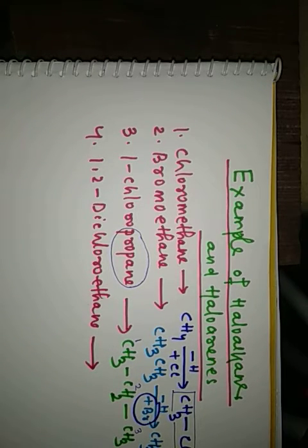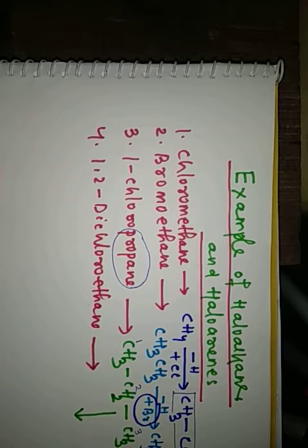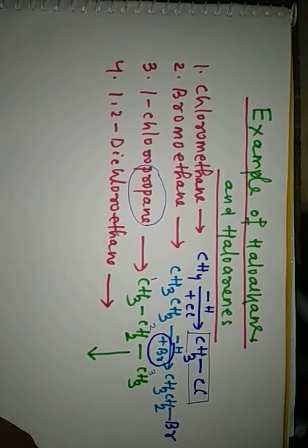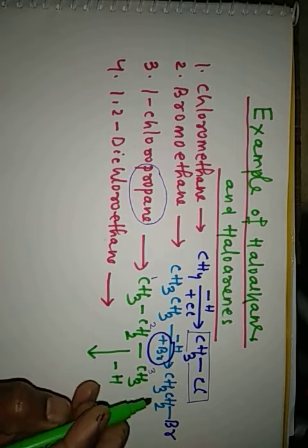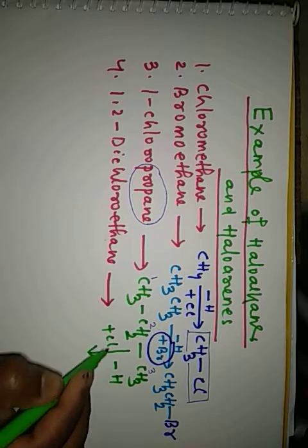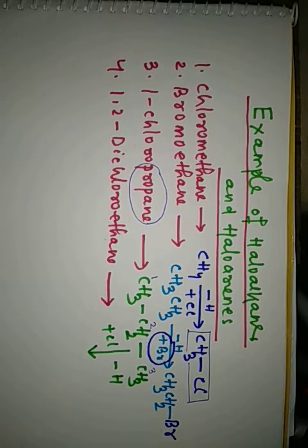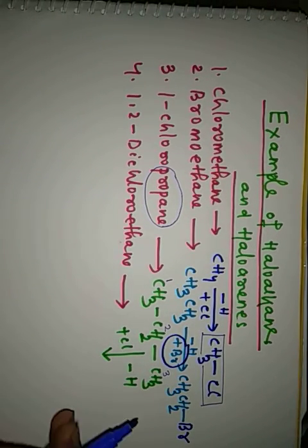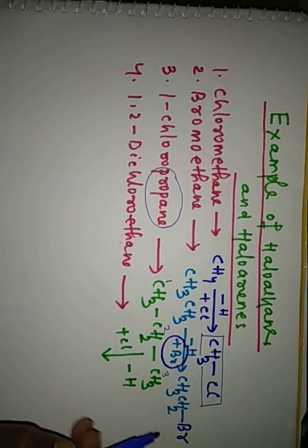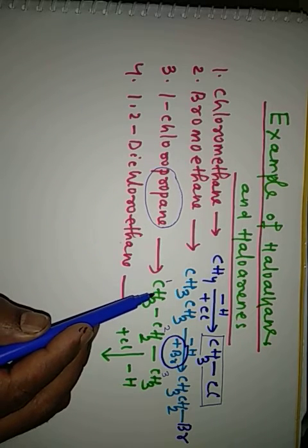From here we have to remove one hydrogen plus one chlorine. That means by removing one hydrogen, we have to remove the hydrogen from carbon 1.